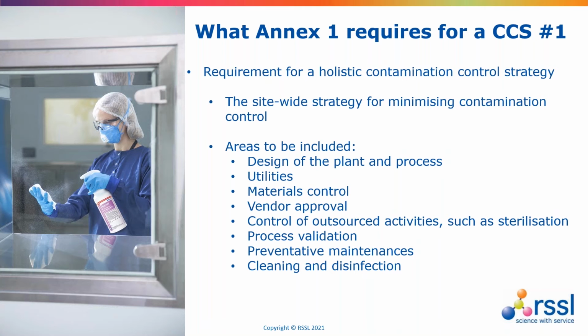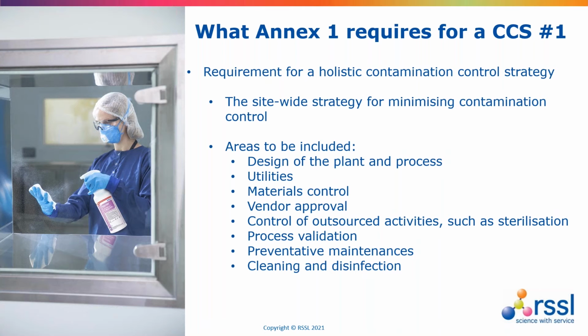So we need to link up raw materials going into a process, the cascade through grade D, C to B clean rooms into grade A, all those kind of events, not just looking at things in isolation. And by strategy, it's requiring a document or perhaps a series of connected documents which are developed to reflect the site-wide approach for minimizing contamination events.